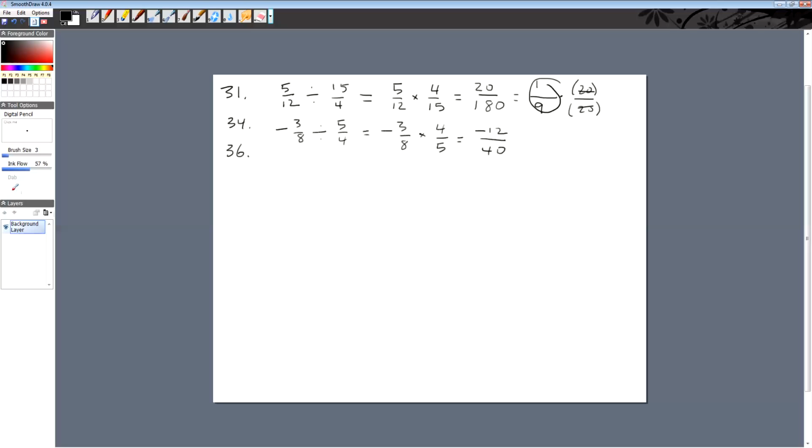Both of these, again, are divisible by a common number, which would be 4. So negative 3 times 4 over 10 times 4. That's where negative 12 over 40 comes from. Any number divided by itself is 1. So these cancel out, and you're left with negative 3/10.